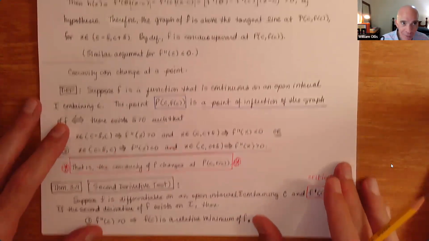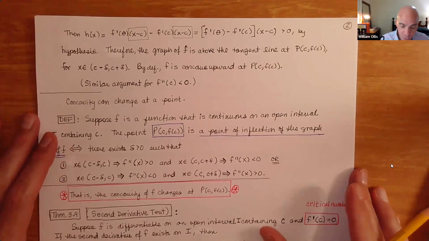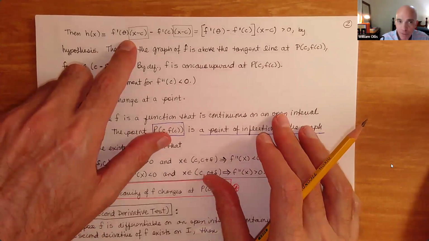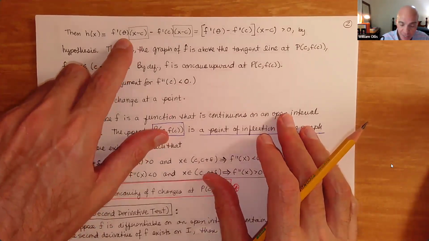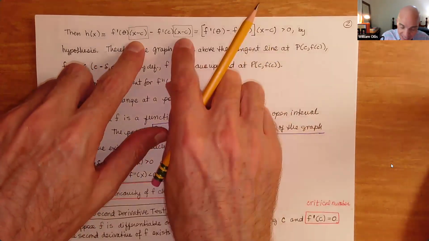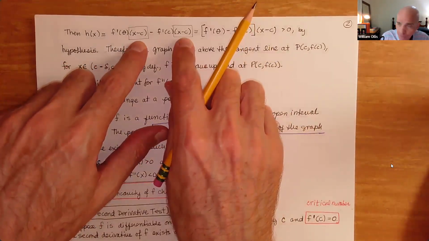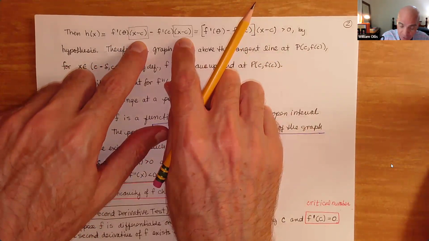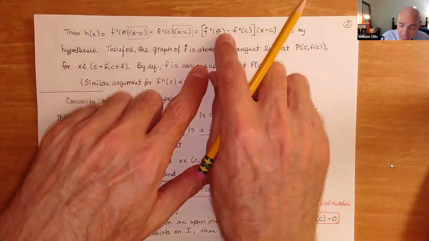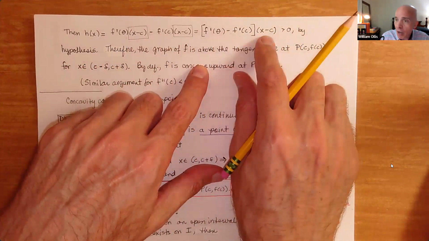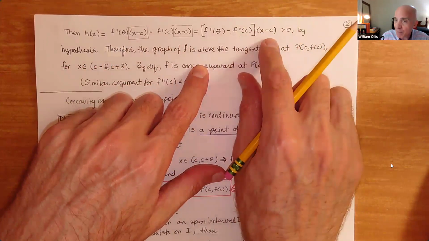Now we can go back to our function and do the replacement. So for the f of x minus f of c, we simply replace that with f prime of theta times x minus c. And now, of course, we can factor the x minus c from both. Now, this is where we use our hypothesis. These two factors here form the difference quotient that we've assumed to be positive, and they have the same sign.